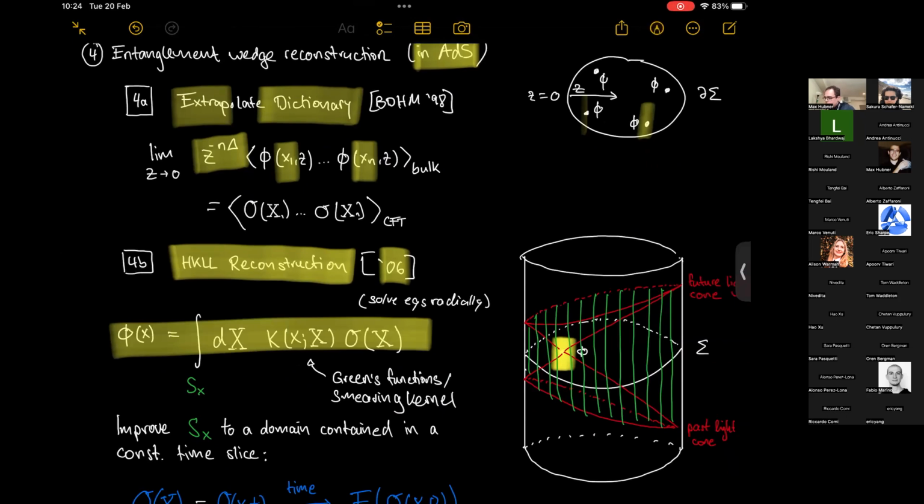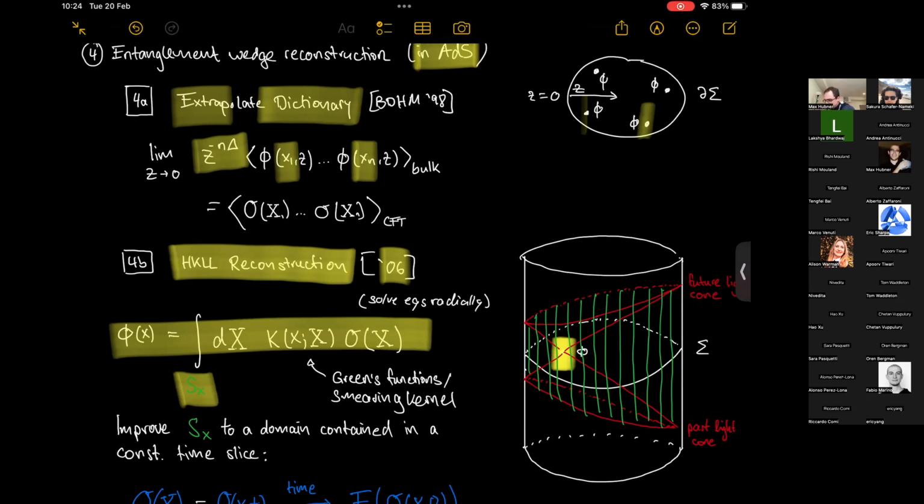I have an integral over some domain on the boundary, and the integral is over some smearing kernel, and I'm smearing some CFT operators O. And the reason one might expect that such a formula exists, or how it's actually derived, is that one starts with the observation that the bulk phi needs to solve the bulk equations of motion. That's a PDE problem. This PDE problem has boundary conditions, and these boundary conditions can be formulated using the extrapolate dictionary. That's why the O's appear. And this PDE can be solved using Green function methods. And that's why we have an expression like this.